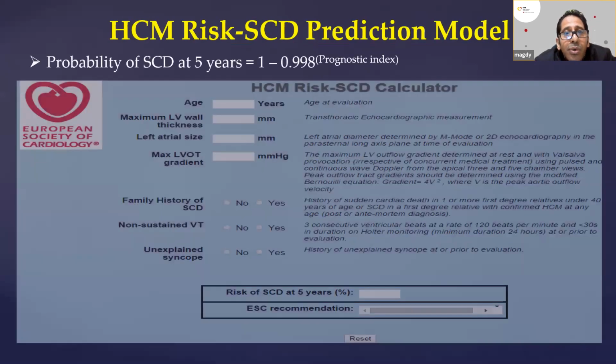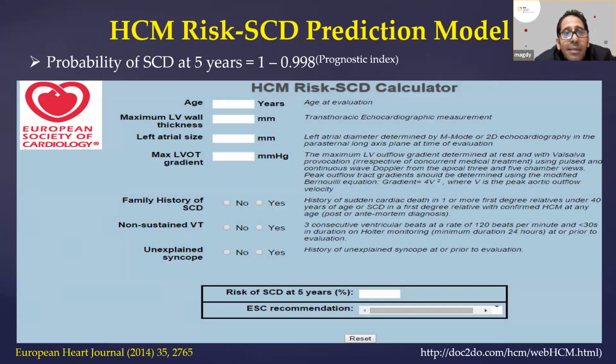So this is a nice hypertrophic cardiomyopathy risk sudden cardiac death prediction model by the European Society of Cardiology to detect the probability of sudden death at 5 years.